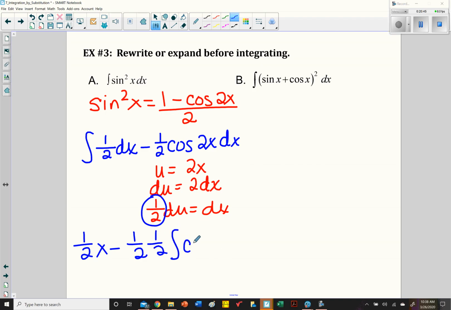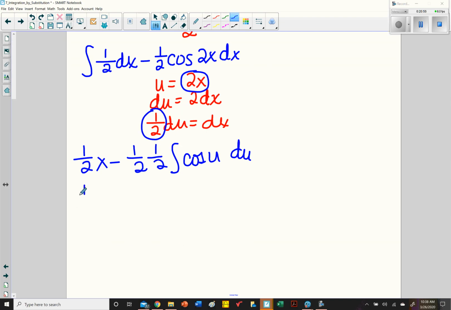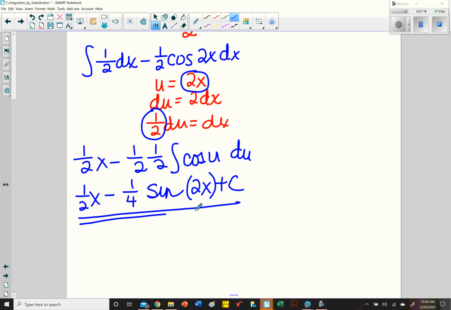And the cosine of our u, so the u was 2x, putting a u in there and integrating with respect to u. 1/2 x minus 1/4 sine. Sine's derivative is positive cosine, so we keep this minus out here. And sine of u was 2x plus a constant of integration. So 1/2 x minus 1/4 sine 2x plus a constant.